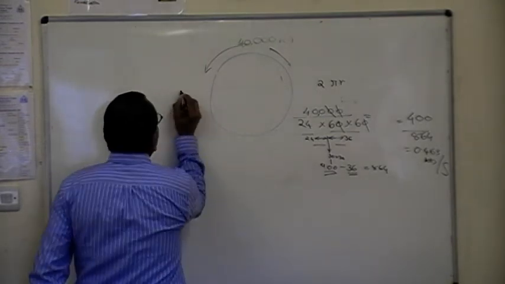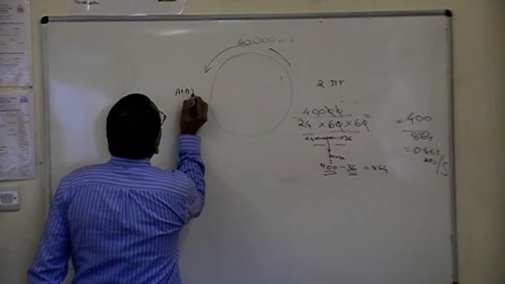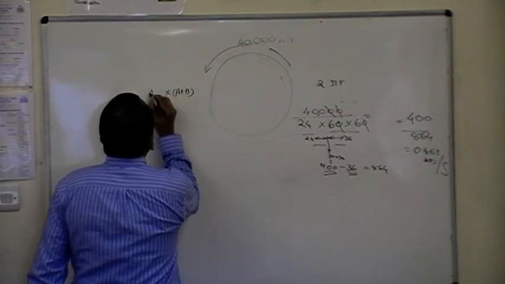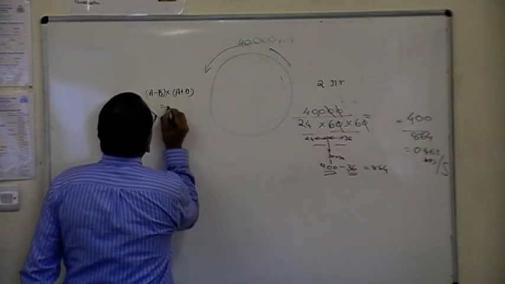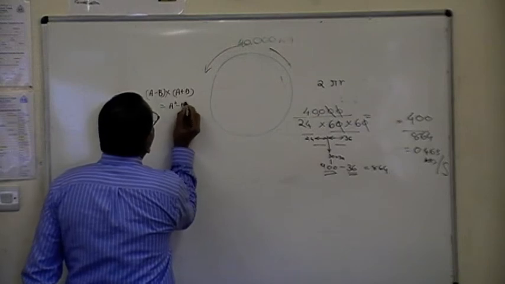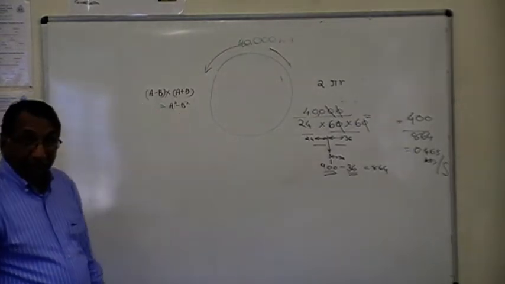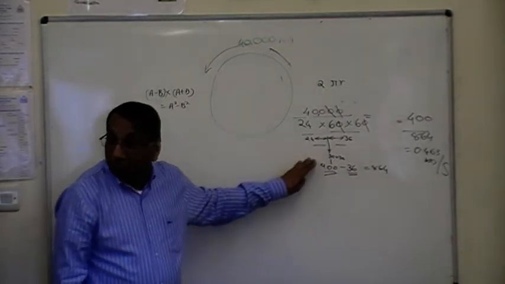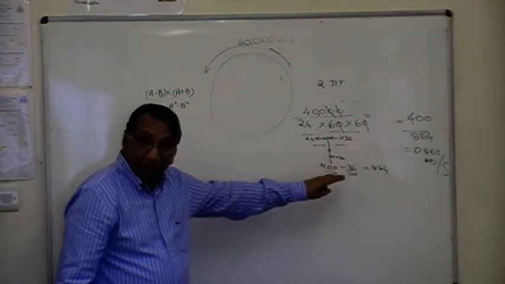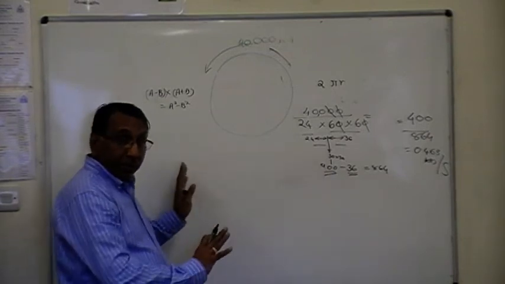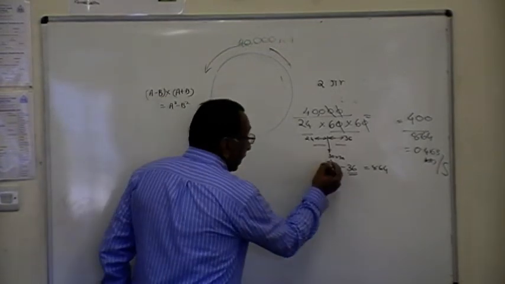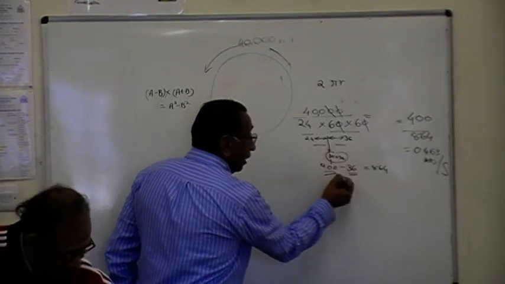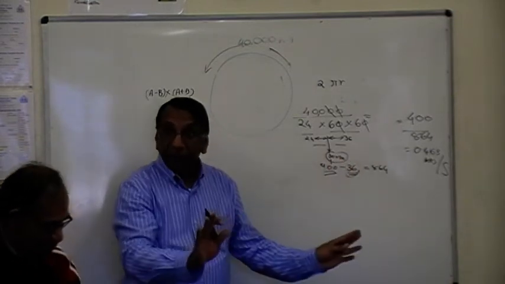Like this one, A plus B multiplied by A minus B, the answer is A square minus B square. But we have just shown the process, how to do A square and B square. Actually speaking, we don't calculate. We just assume. This is very easy. We assume and take out 36, that's it.